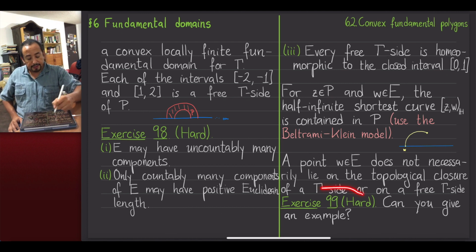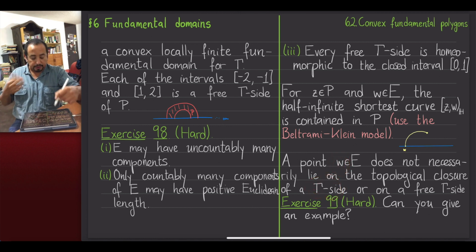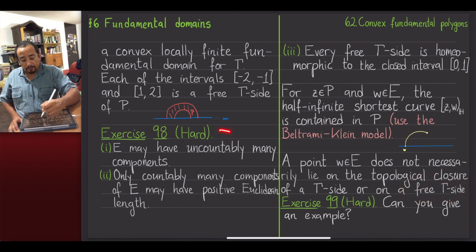The exercise is to give an example of a Fuchsian group gamma, a convex locally finite fundamental domain P, and an element W of E, such that W is not on a gamma side, nor on the topological closure of a gamma side, nor on a free gamma side. Okay?